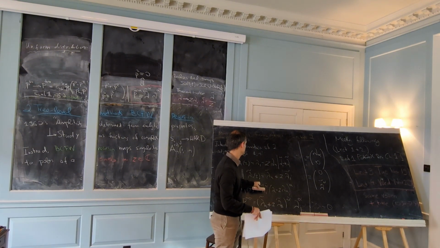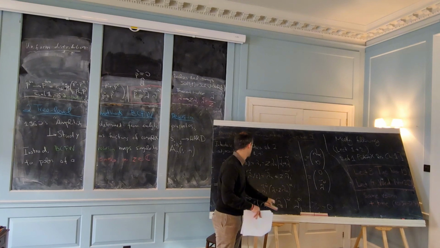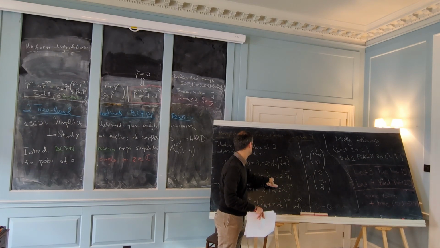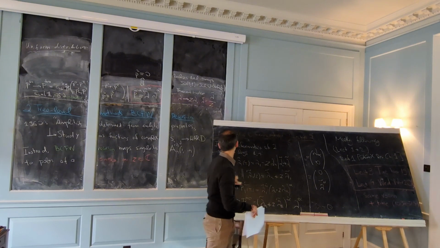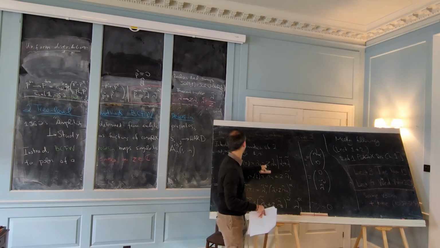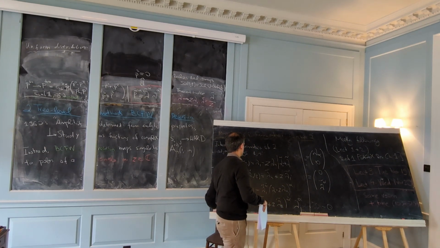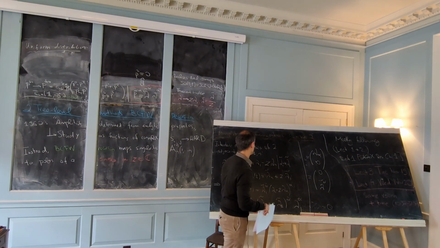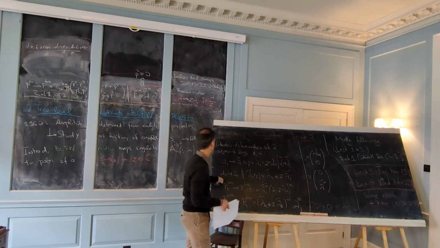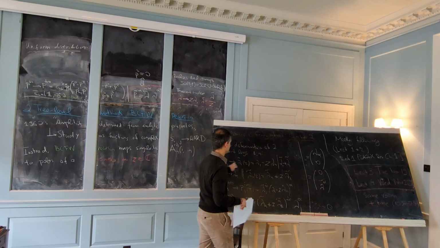Here is a tilde, here is a tilde, so where? Here? So the lambda n of z tilde, yes. This is lambda, this is lambda tilde.